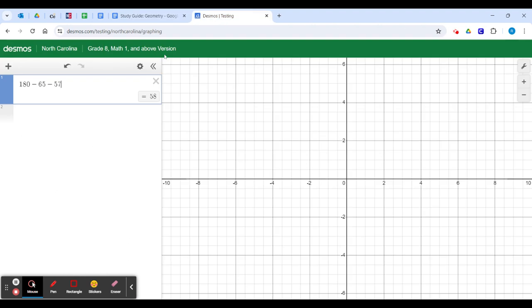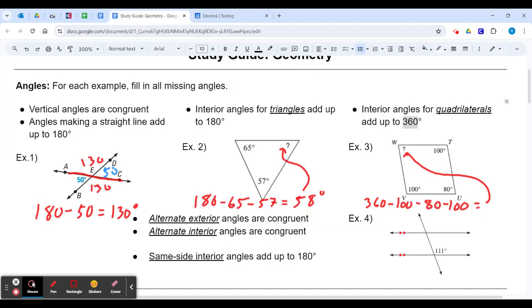Let me throw that in there. We get 360 minus 100 minus 80 minus 100. So that missing angle is 80. And we probably could have just figured that out since this is clearly a parallelogram with opposite angles being equal as well.